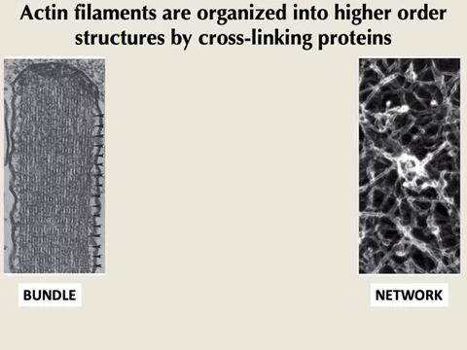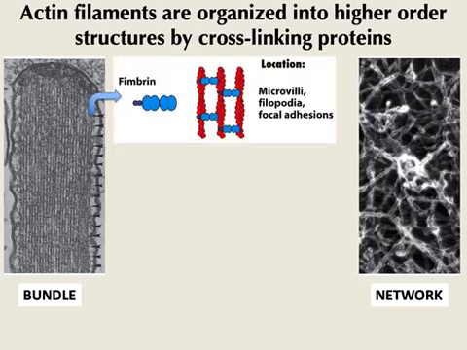If you think about bundles versus network, and if we forget about the dynamics of polymerization for a little while, well, you have dedicated proteins to define this architecture. So fimbrin, for example, or fascin, which I'm not highlighting here, can bind filaments twice, and therefore they tend to help bundle them.